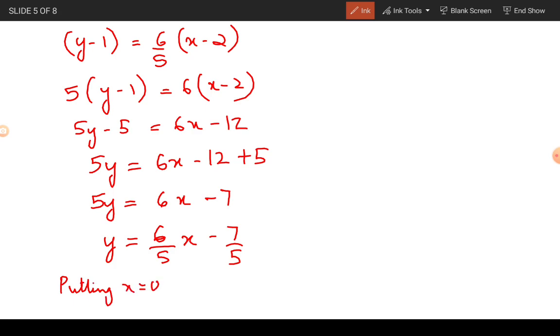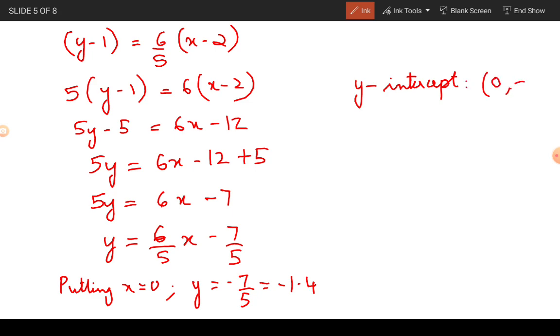So putting x equal to 0, I will get my y value as minus 7/5 or minus 1.4. So my y-intercept has the coordinates 0, minus 7/5 or minus 1.4.